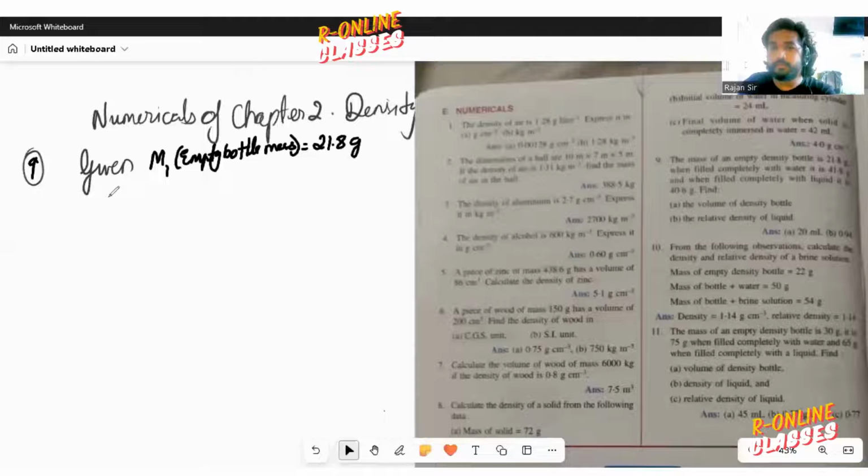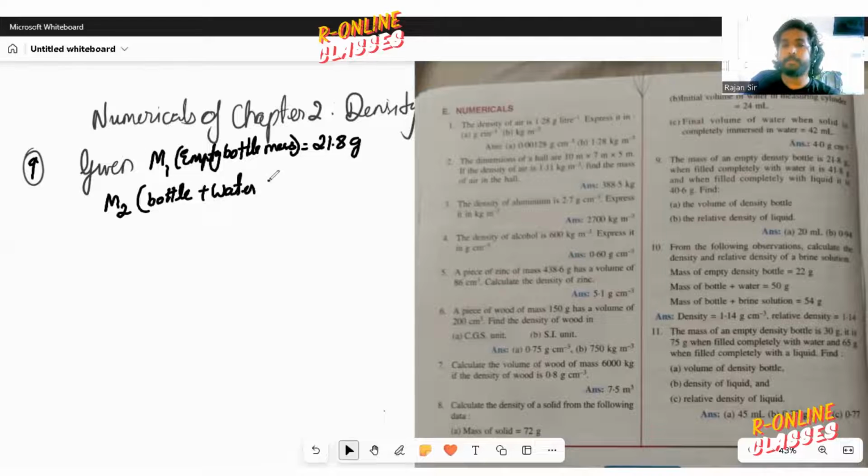Now we have M2, which is when filled with water, so basically this is bottle plus water mass.